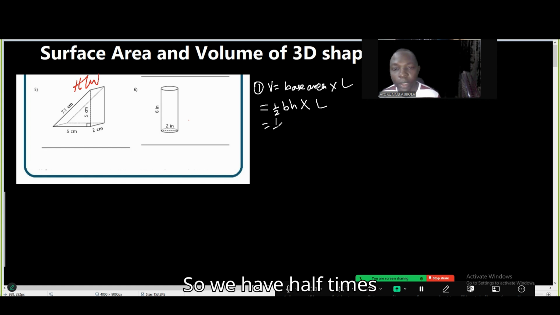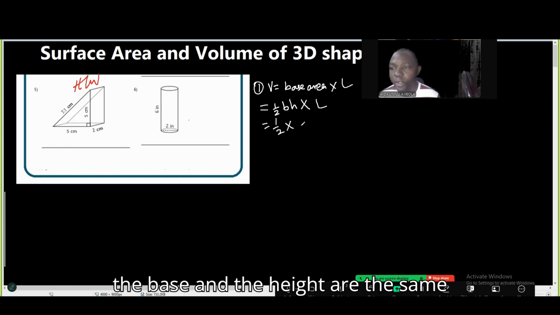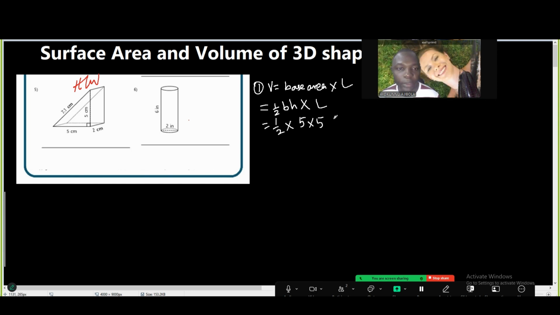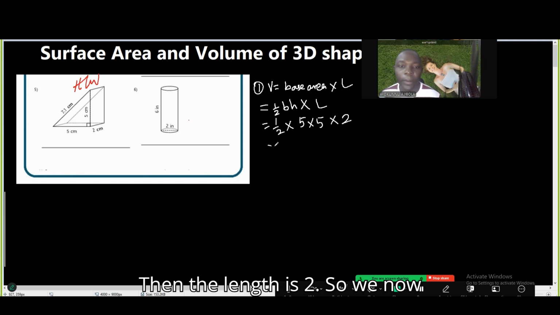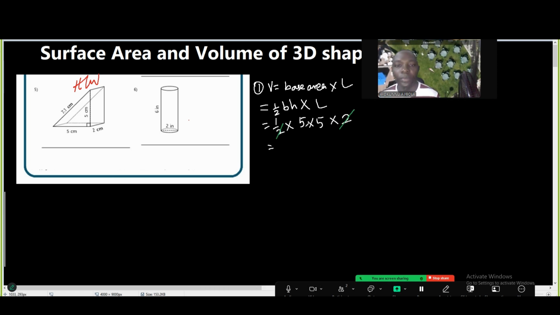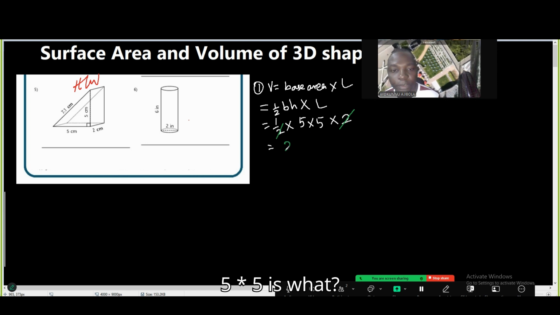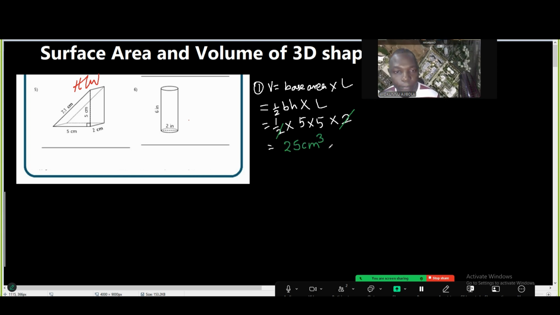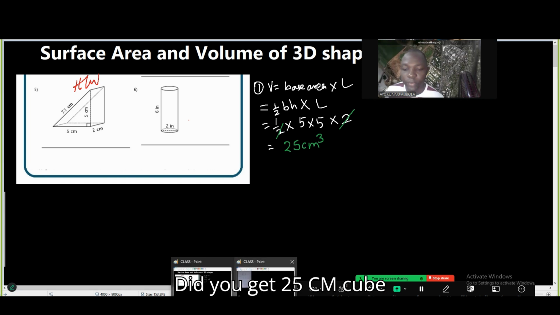So we have half times 5 and 5, then the length is 2. So the 2 cancels the half. Then 5 times 5 is 25 cm cubed. Did you get 25 cm cubed?